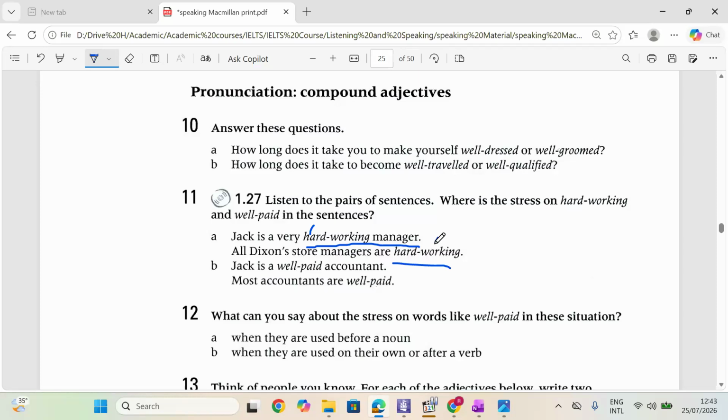All Dixon's store managers are hardworking. The first one was hardworking manager. The second is hardworking. The same applies here.